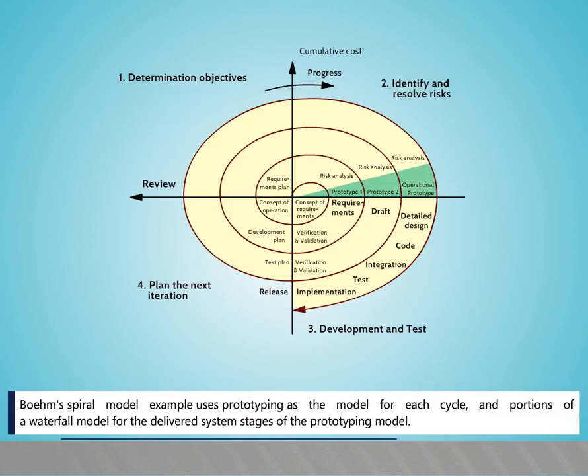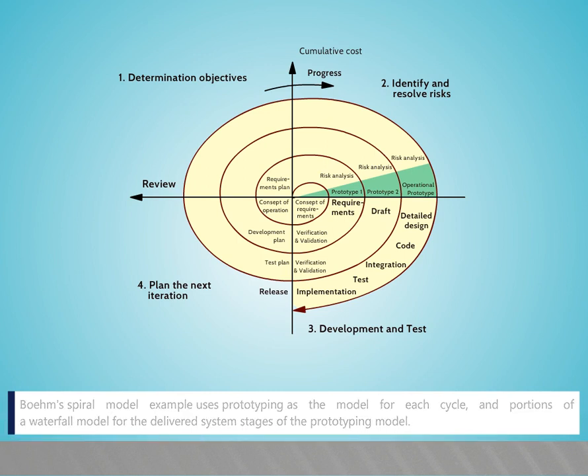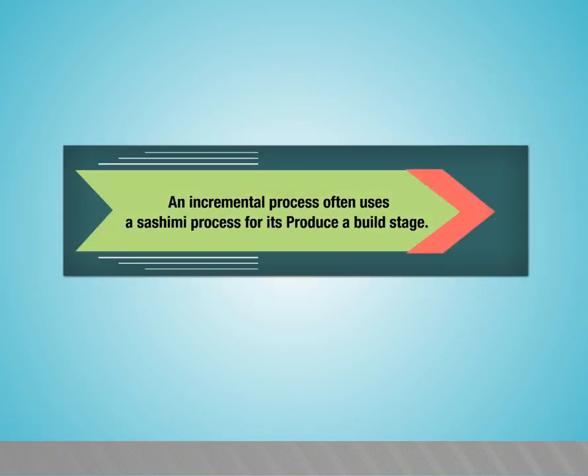Boehm's spiral model, for example, uses prototyping as the model for each cycle and portions of a waterfall model for the delivered system stage of the prototyping model. An incremental process often uses a sashimi process for its produce-a-build stage.